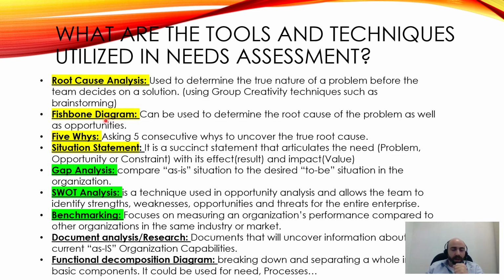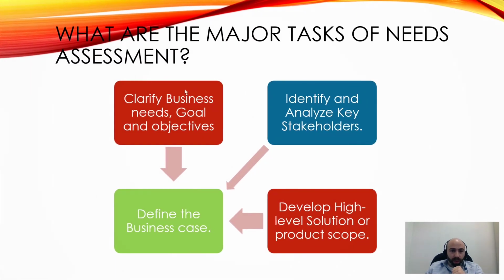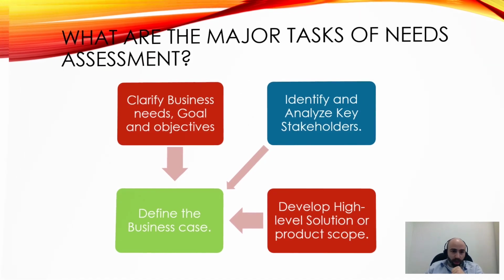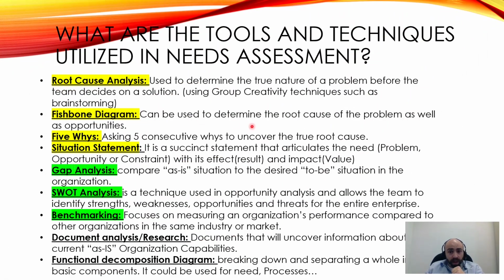So for instance here, marked yellow because I am referencing it to that task in business analysis and specifically to a problem. It's used to determine the root cause of a problem as well as opportunity.